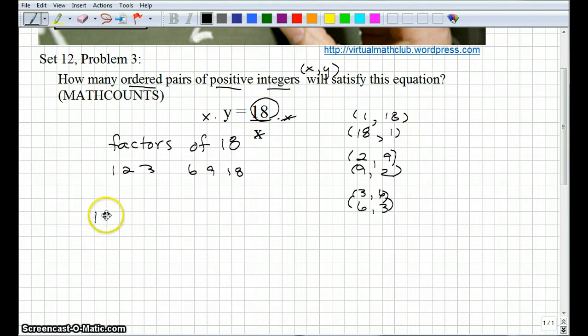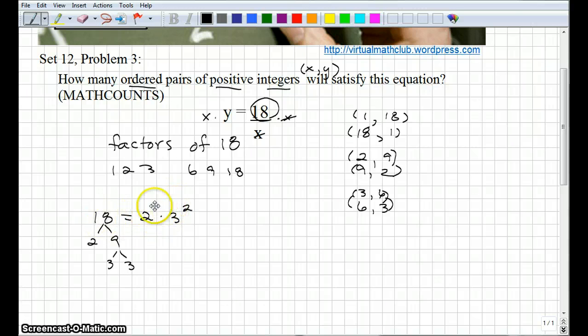Let's figure out the prime factorization of 18. We know that it's 2 times 9, and 9 is 3 times 3. So the prime factorization of 18 is 2 times 3 squared. So we have one 2 and two 3's.